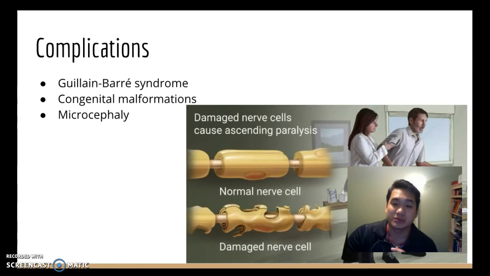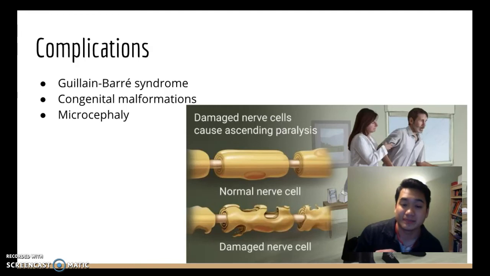The Guillain-Barré syndrome is basically a condition where the nerves in the body are damaged. As we can see on this image right here, the damaged nerve cells cause ascending paralysis, which I assume is from feet to head, but I'm not sure about that.